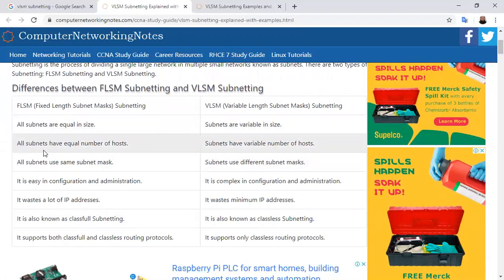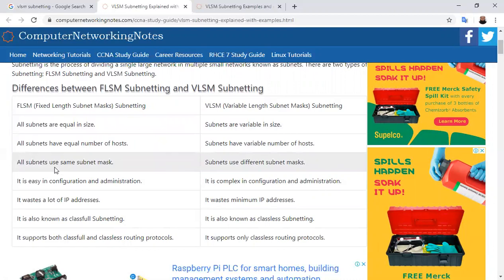In FLSM, all subnets have an equal number of hosts. This is the second difference. In VLSM, subnets have a variable number of hosts. That means hosts are not equal. Like one subnet the host is 2, another maybe 8, another 14, like this.